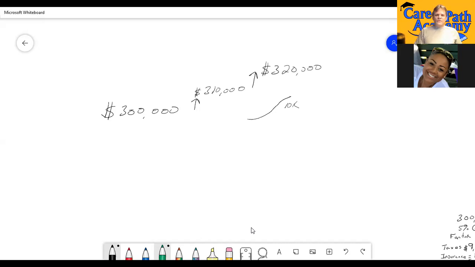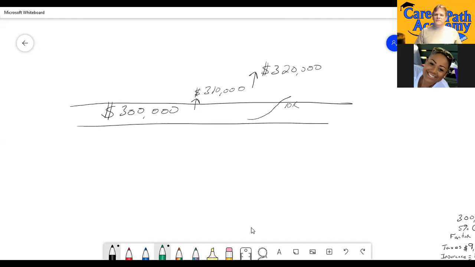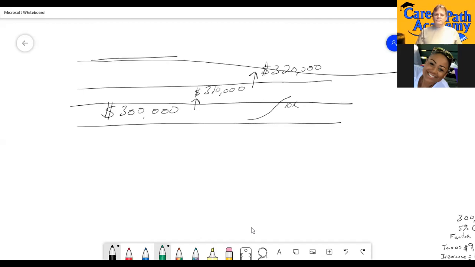So the difference from your baseline, where you started out over here at $300,000, it went up $10,000. It's now here. You did some improvements on the property, and now it's worth another $10,000 up here. You see, these are the different ways that you could force the increase of equity.